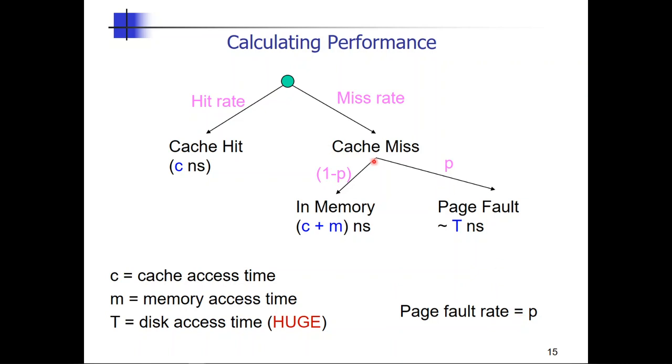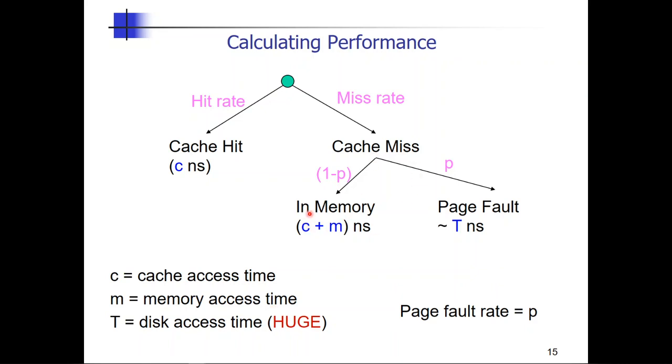So 1 minus p is going to be the rate at which we will find things in the memory that we did not find in the cache. For those fractions of the time, we are going to have two access times that are going to add up: C, because we already spent time trying to access the word in the cache, and M, because that's going to be our memory access time.